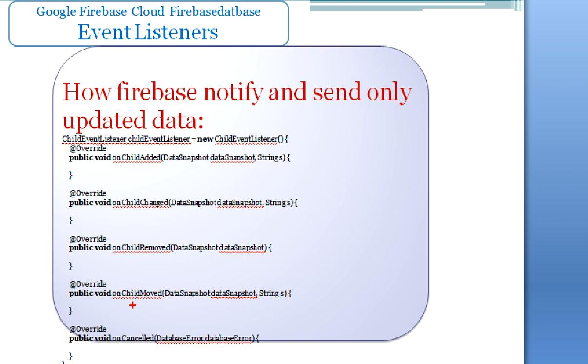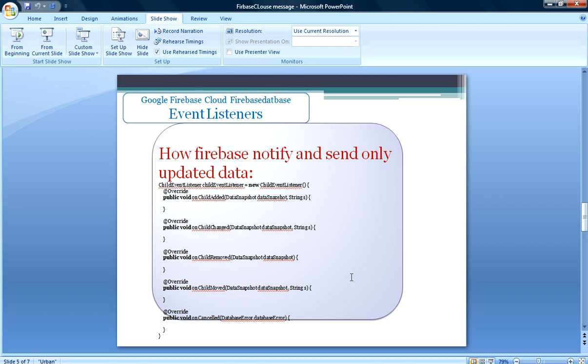So that move will work there. On cancel, if Firebase could not connect and the request cannot be processed, it will be cancelled. So that is all about the child event listener.